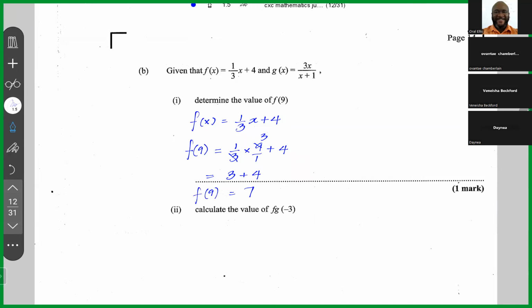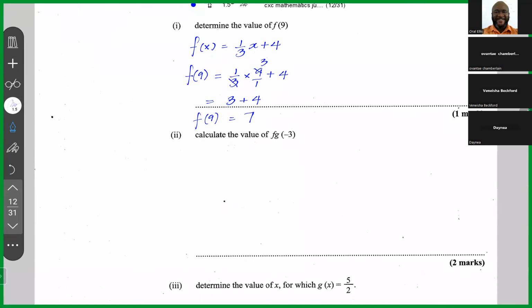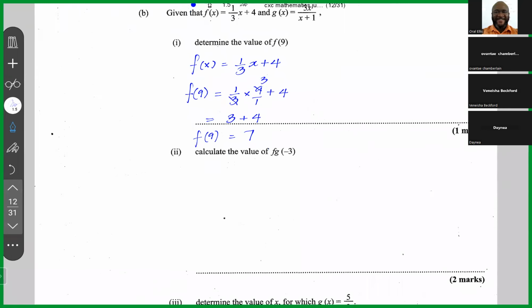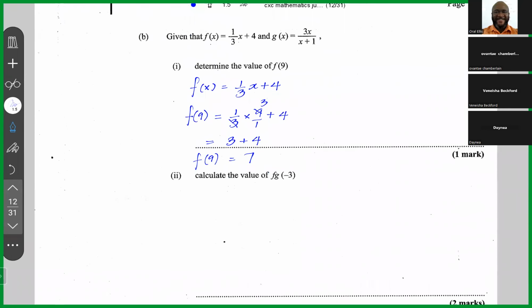We're asked to calculate the value of f of g of minus 3. Now, if someone asks me to find f of g of minus 3, the first thing I would do is find g of minus 3. Now, g of x is equal to 3x over x plus 1.